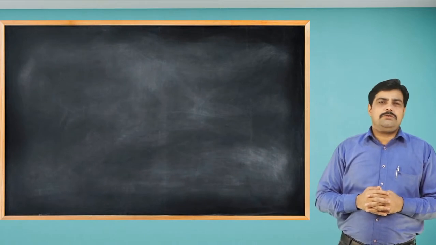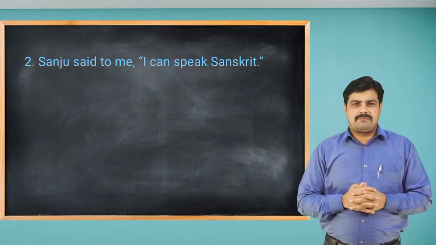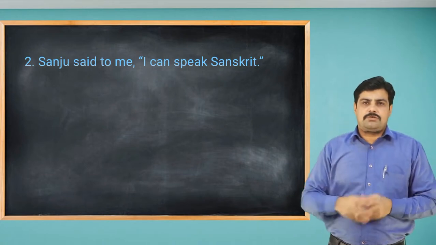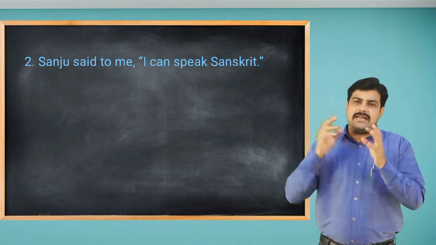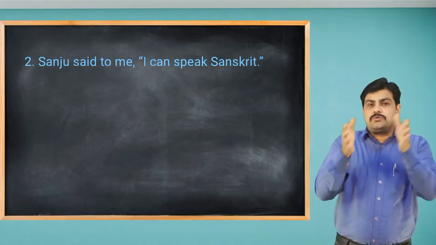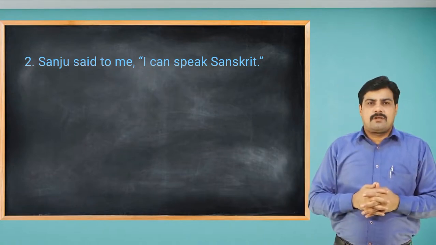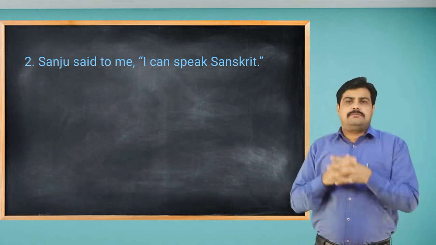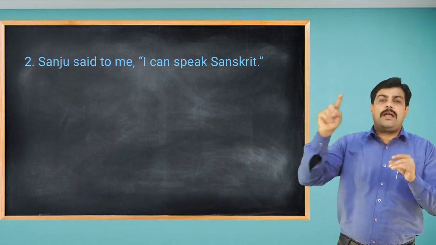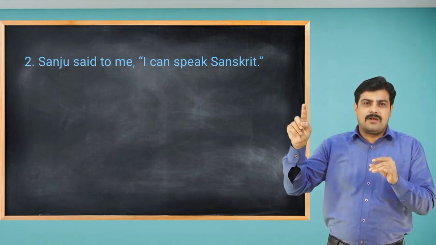Well, what do you see in this sentence? You see that the sentence is assertive. So use that as a connector to connect. Change said to into told. Can into could. Pronoun I will be changed according to the SON formula.